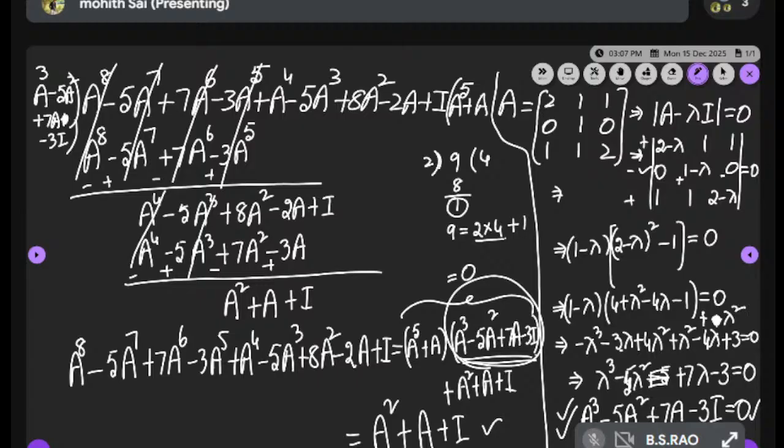Finished? Noted? Even for such big matrix polynomials also, by using the Cayley-Hamilton theorem, you can find the base powers, maximum powers. You can find using this. Right.